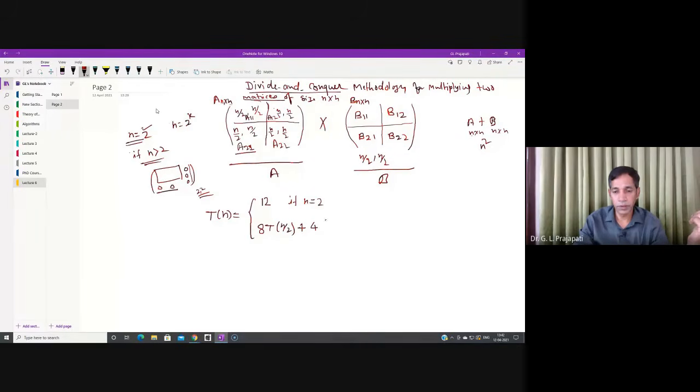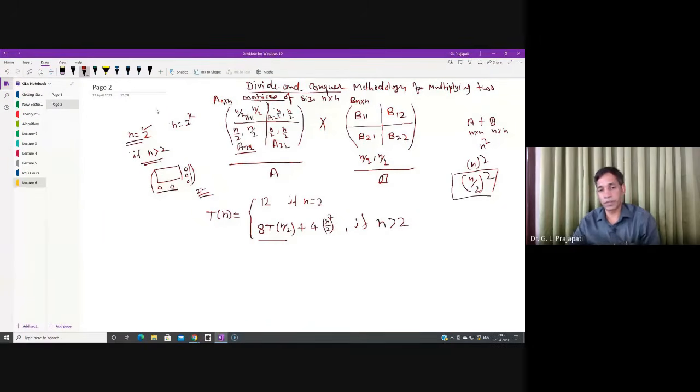You need (n/2) squared, and this is if n is greater than 2. If n is greater than 2, then you are obtaining this recurrence relation. So this recurrence relation appears for the divide and conquer techniques.